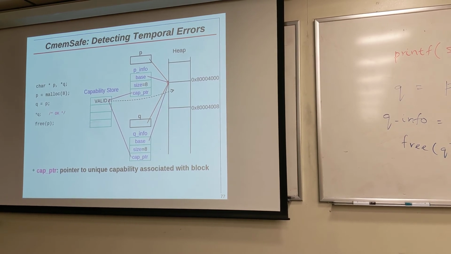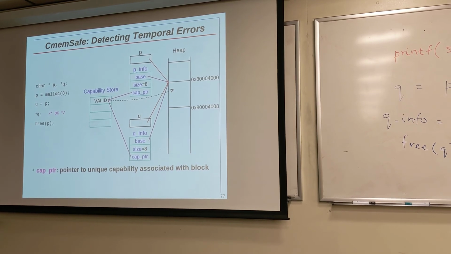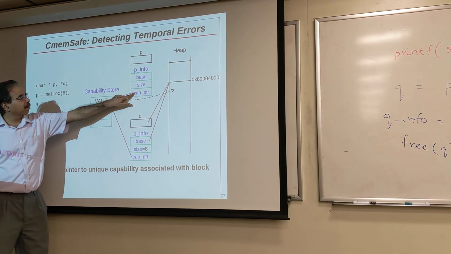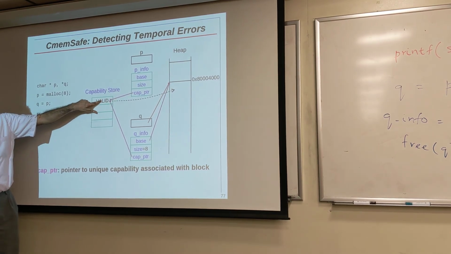Now, free P. So now what's going to happen is that P is going to be whatever, right? It doesn't really matter what P is set to. But the more important thing is that when P is freed, we are going to follow this pointer and mark this as invalid.